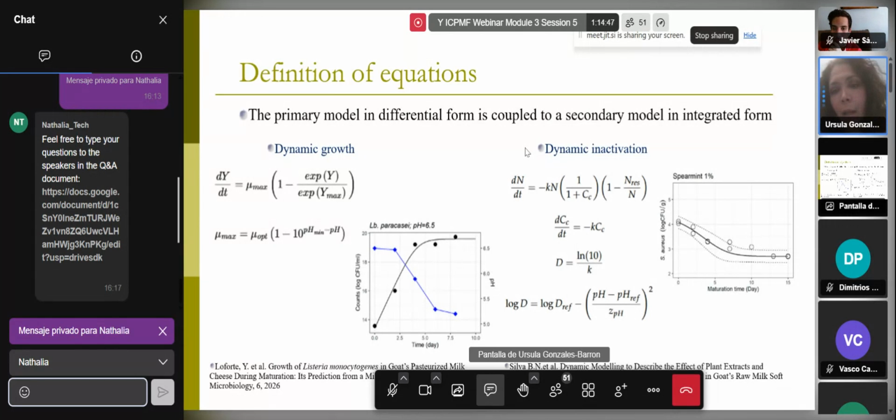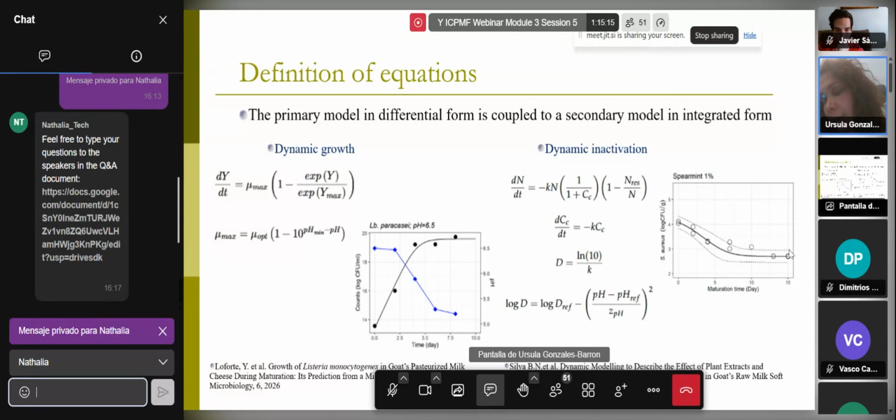And then a second case for the dynamic inactivation was a sausage being matured with addition of essential oil. It was an extract. So as you see, an equation can be as simple as this, just two equations that are coupled. In this case, there were four equations coupled, just to represent this.